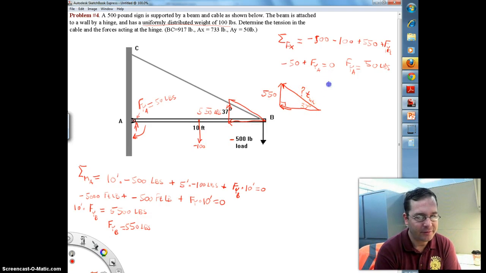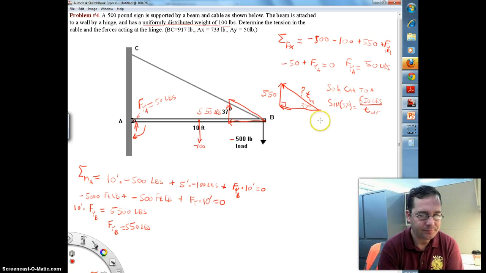So if you think about the basic functions, SOH CAH TOA, we're looking for something that relates opposite, which we know, to hypotenuse, which we don't know. So opposite and hypotenuse, it's the sine function, and specifically sine of 37 degrees equals the opposite, which is 550 pounds, over the hypotenuse, which is the tension in the wire rope.